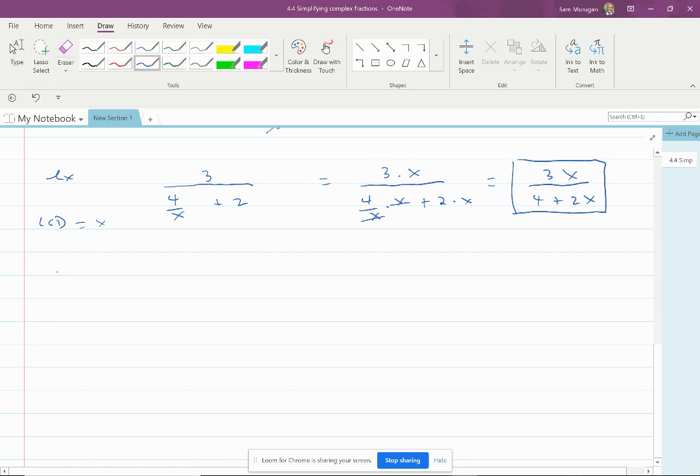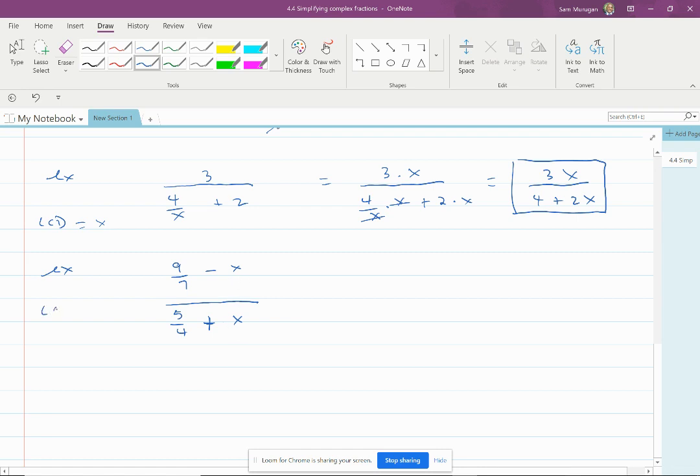More examples. 9 over 7 minus x over 5 over 4 plus x. Looking at 7, 4, and x, we can see that the LCD must be comprised of only 7 and 4 because x is x over 1.